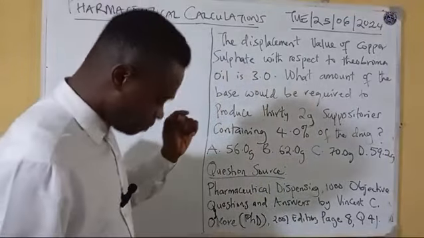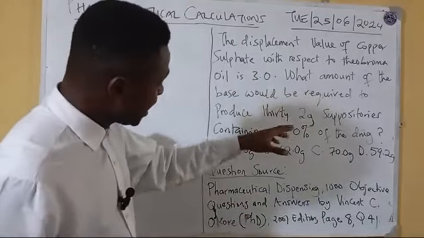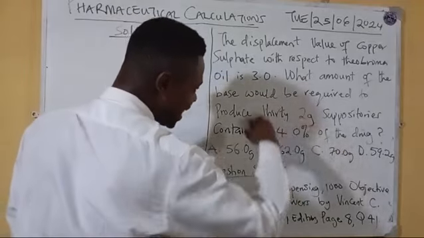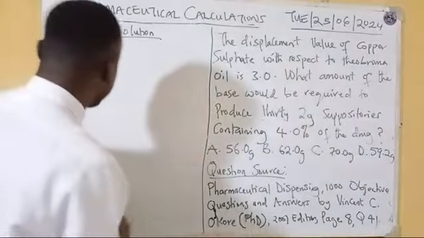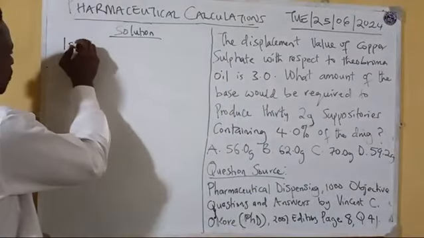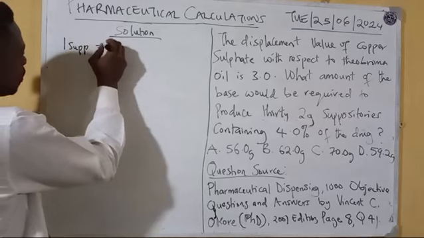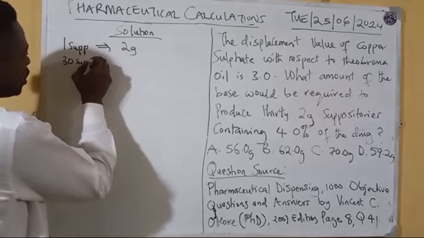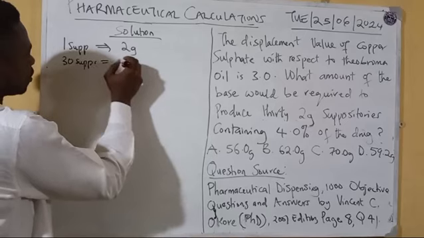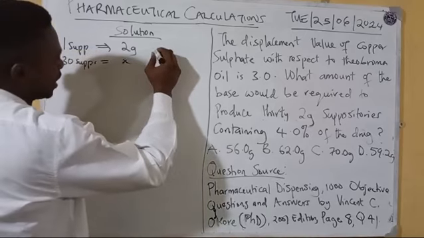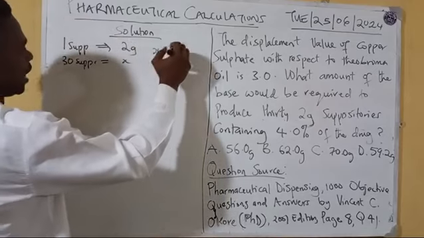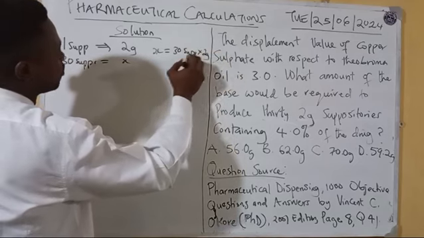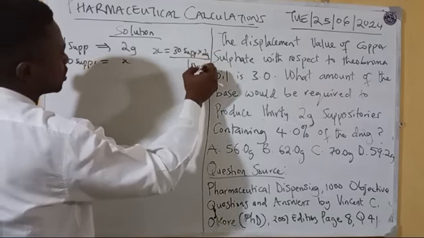So we now look for the amount of ingredient required for the 30 suppositories. We are told that one suppository is 2 grams. Therefore, 30 suppositories will weigh X. So X is equal to 30 suppositories times 2 grams over 1 suppository.